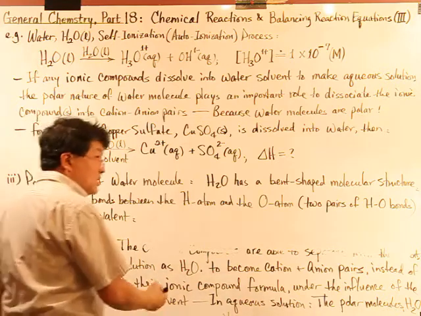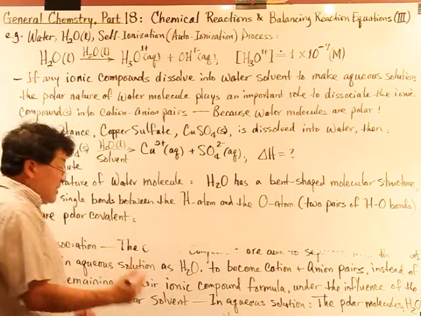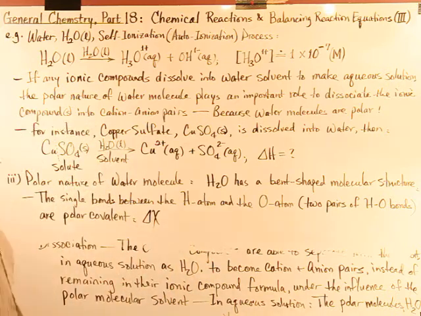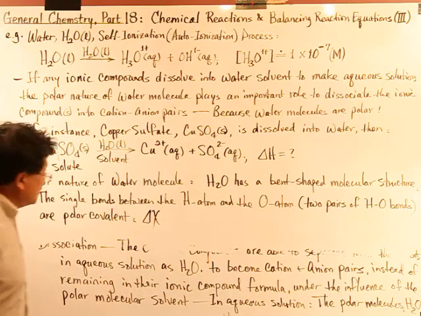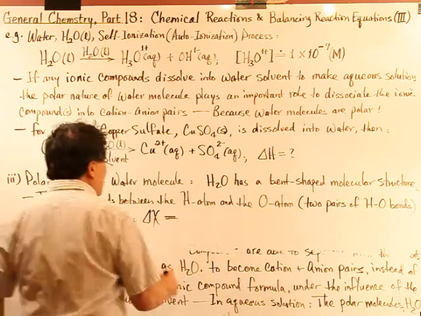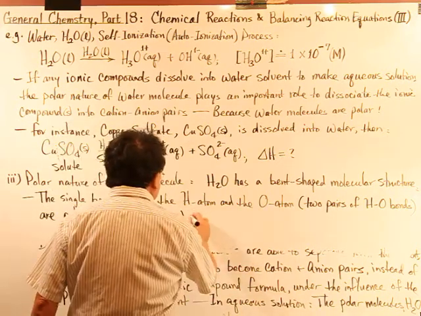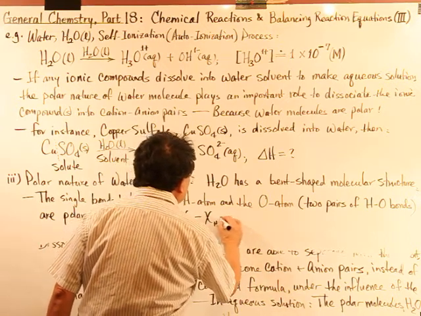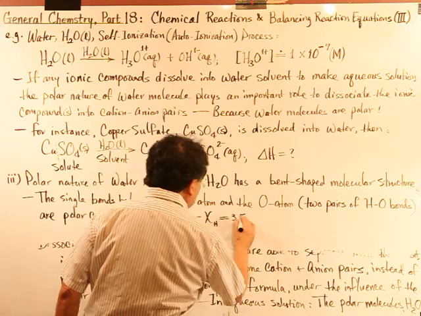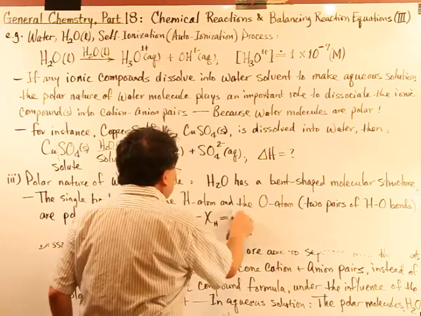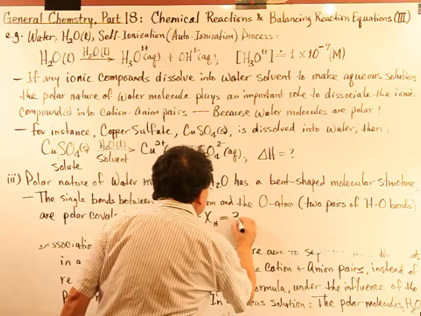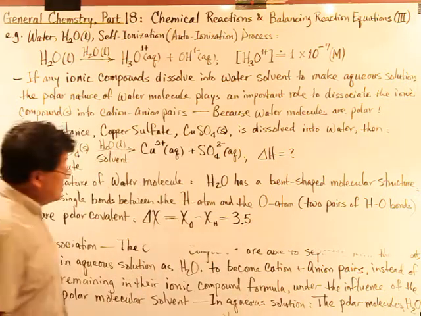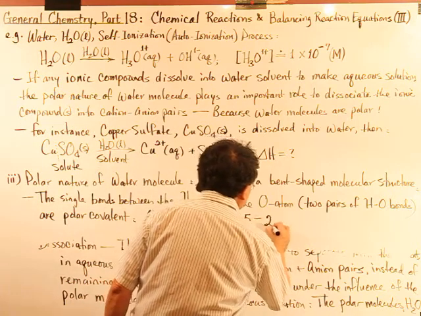Why? Check the electronegativity values and find the difference between the electronegativity of these two elements, hydrogen and oxygen. We go with oxygen first: chi for oxygen minus chi for hydrogen. Oxygen is 3.5, and the value for hydrogen is 2.1.